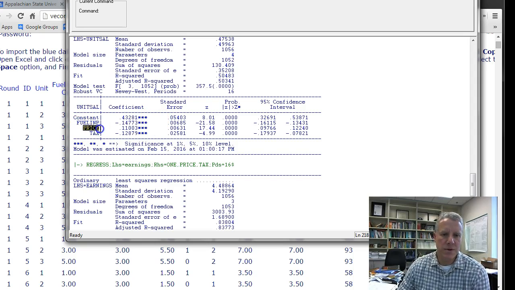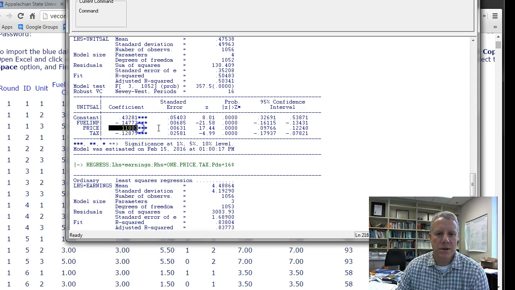Each time the price goes up by $1, you're 11% more likely to produce the good. And then in that second treatment of 8 rounds, where you had to explicitly pay a tax, the probability that you would produce the good goes down by 13%. And all of those changes in the percentage is based on the base percentage of 43%.